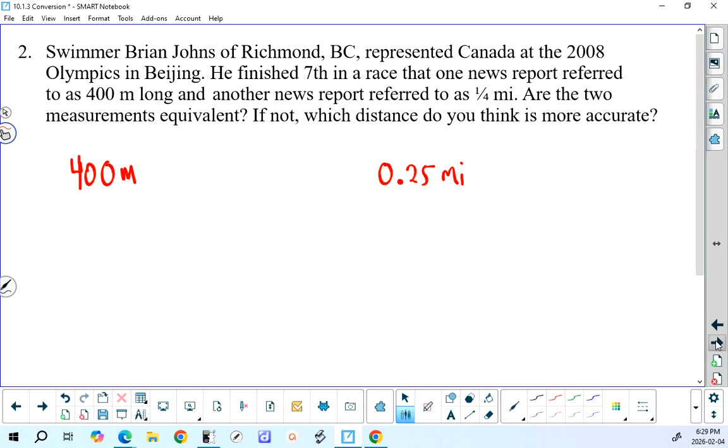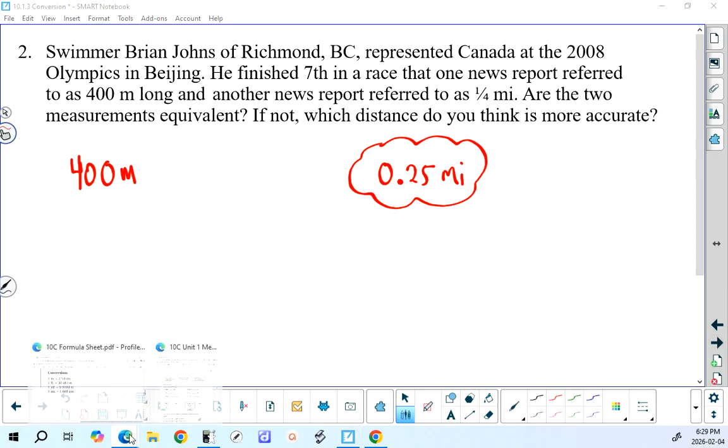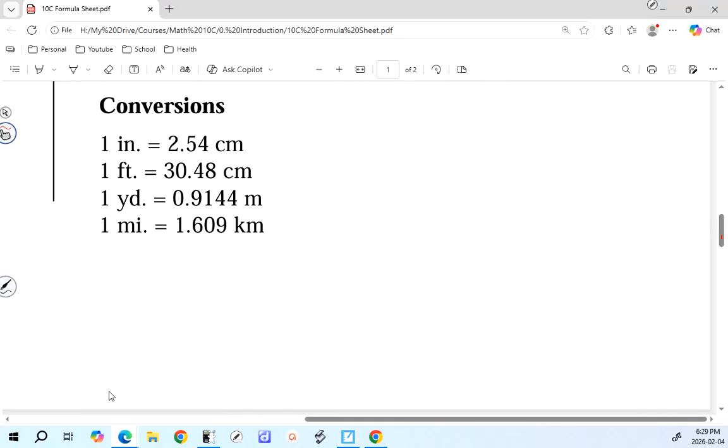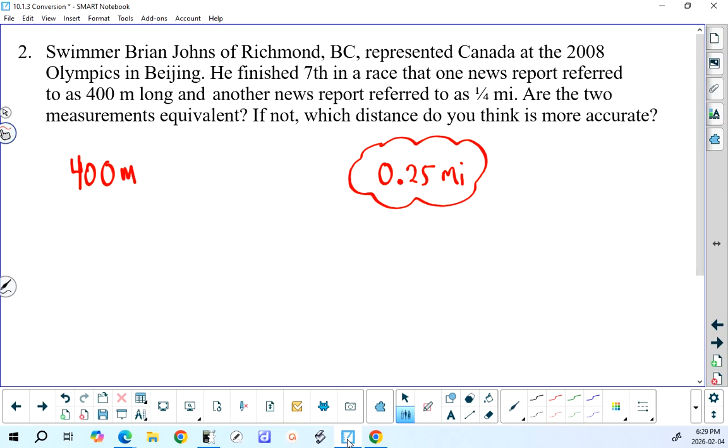Well, I would like to convert this 0.25 miles into meters so that I can compare it. When I look at my formula sheet, what do I have for miles? I can convert miles to kilometers, and then, once you have kilometers, going from kilometers to meters is just a hop, skip, and a jump. It's no big deal.